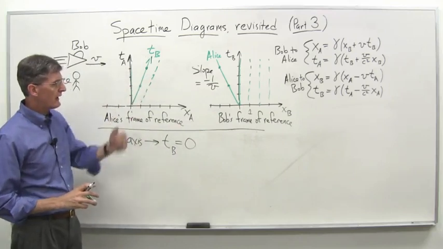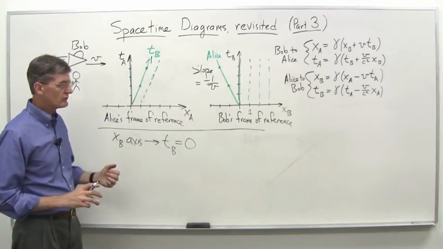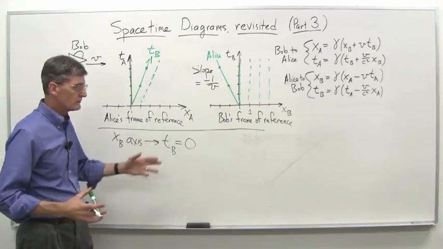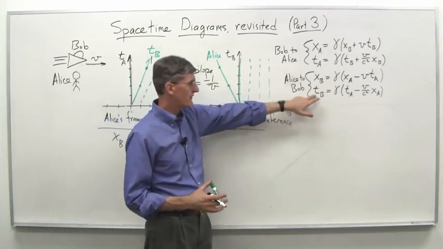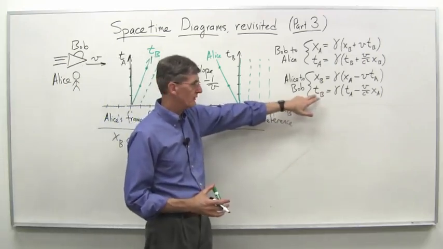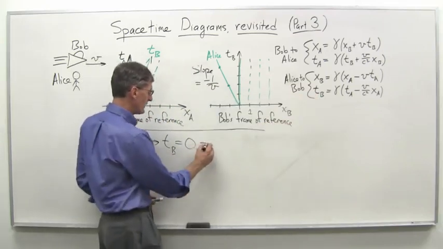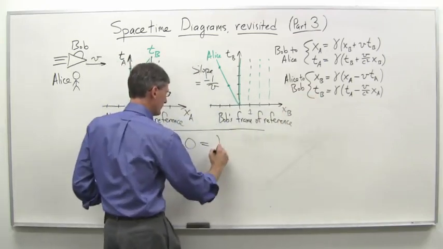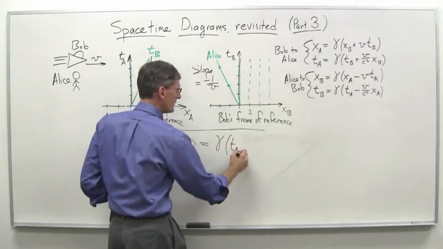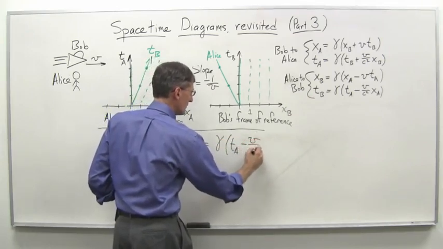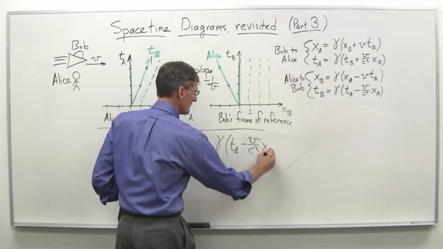If we look at our equations over here, we can use different ones, but this one in particular is a nice one to use because we've got the tb all by itself. It's going to equal 0, so we can say this equals gamma times (ta minus v over c squared xa).